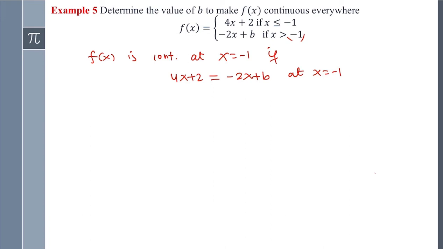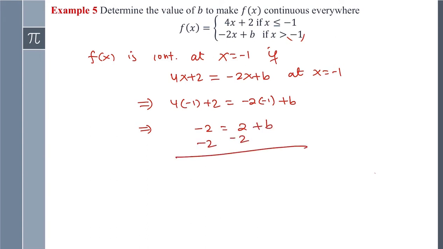So the first thing we are going to do here is plug in x equals -1 and then find the value of b. So this implies 4 times -1 plus 2 equals -2 times -1 plus b. So 4 times -1 is -4, plus 2 is -2, equals 2 plus b. Now if we subtract 2, we get b equals -4.